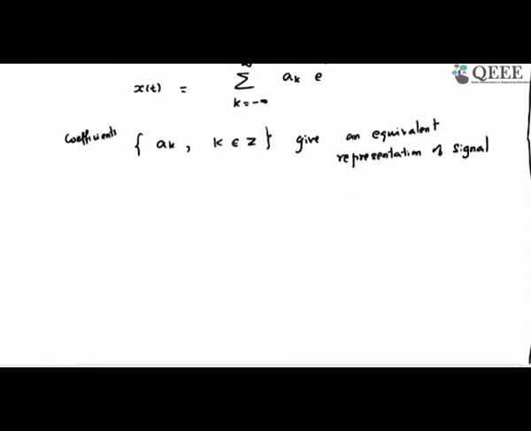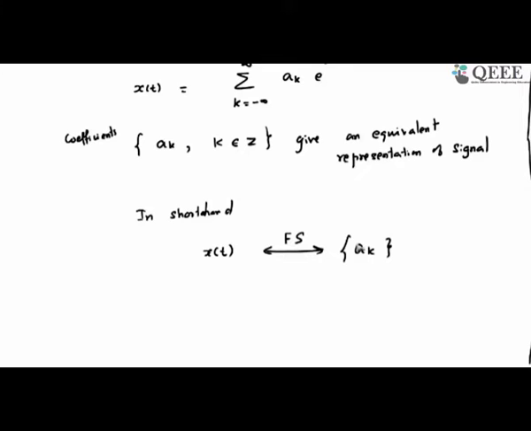So now in shorthand, I would like to say x of t, I will use a double arrow, FS for Fourier series, ak. You have Fourier series coefficients ak. So x of t has a Fourier series representation using these coefficients ak. Once I know the coefficients, I know x of t, so they are equivalent representations.